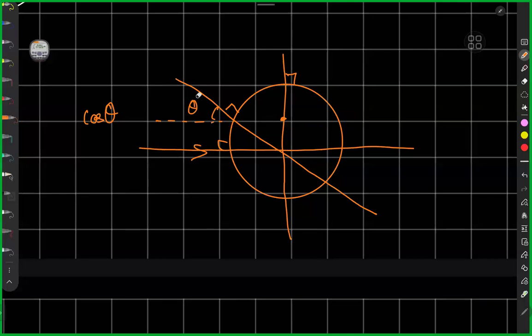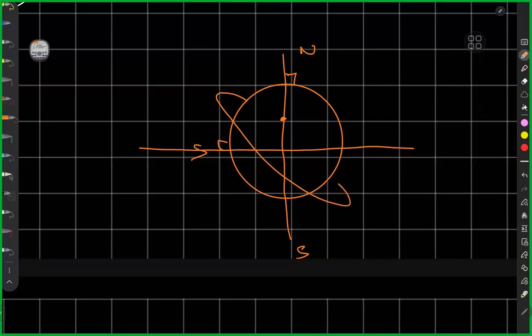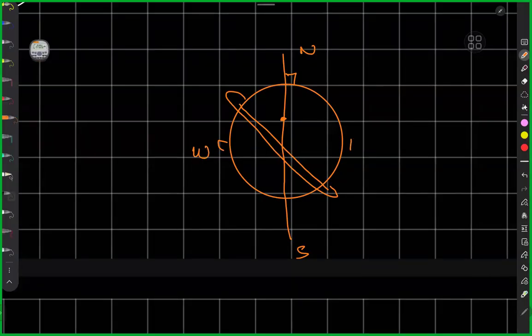Now, if this is north and this is south, can the orbit also be around the diameter over here? Even though, technically speaking, people won't classify this as a geostationary orbit, reason being it's not along the equator, which is along the west and east, this is also accurate.